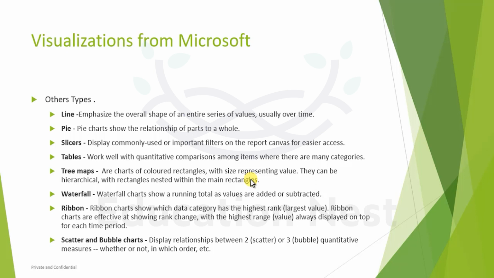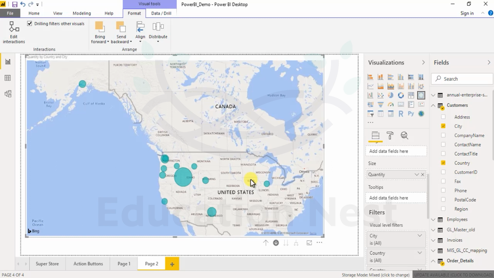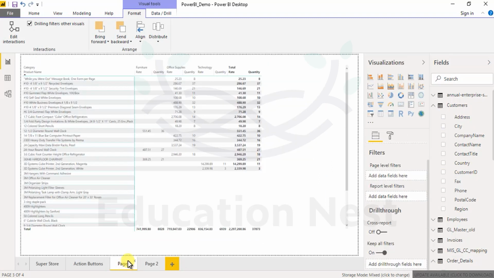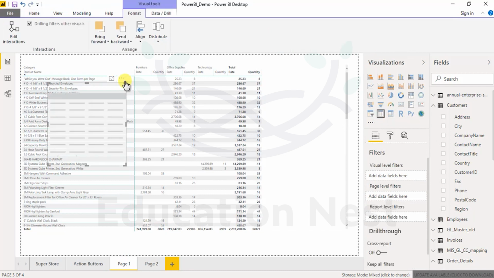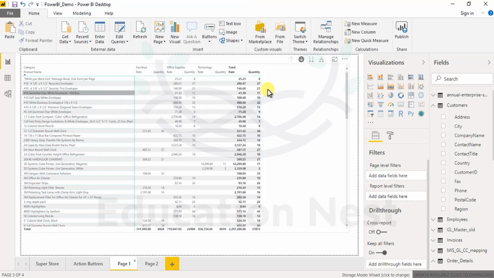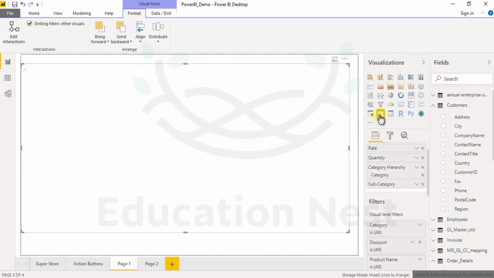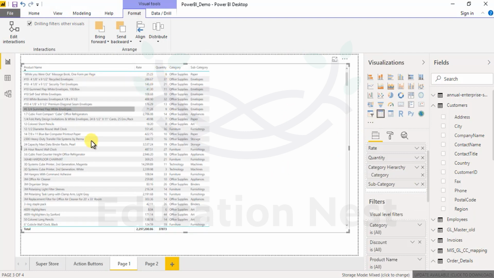Tabular is one thing I would like to show you over here. So tabular data, if we go back over here, we see this screen can be converted into tabular format. Okay, I convert this visual into a tabular visual and it would only give me row, column and subcategory in this line.